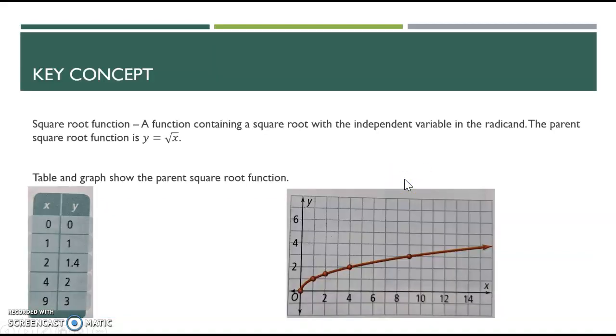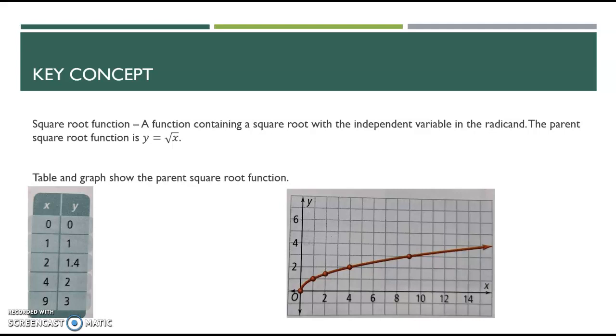All right, so key concept. A square root function is a function containing a square root with the independent variable in the radicand, and then our parent square root function is y equals the square root of x. So on this slide we have a picture of a table of the parent function and the graph of that parent function.